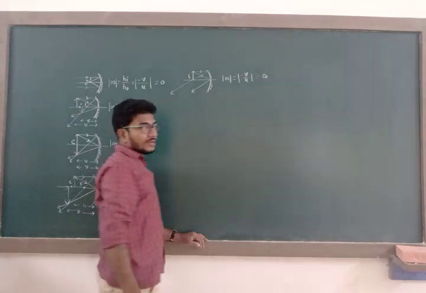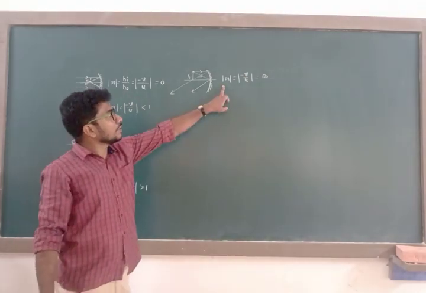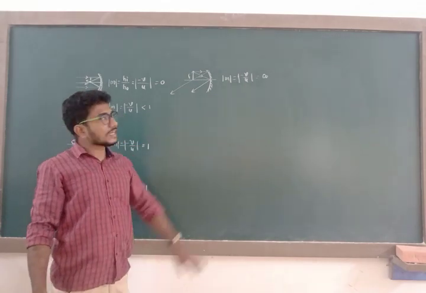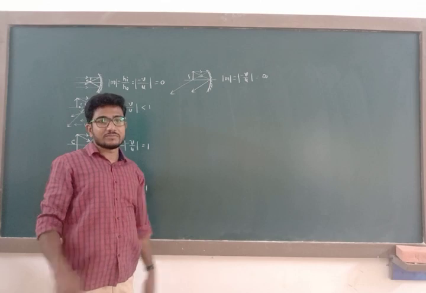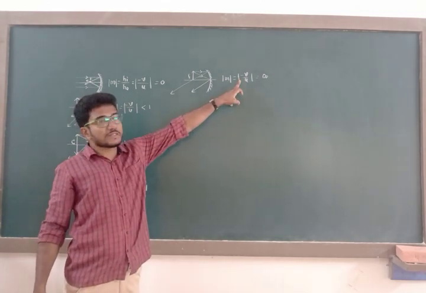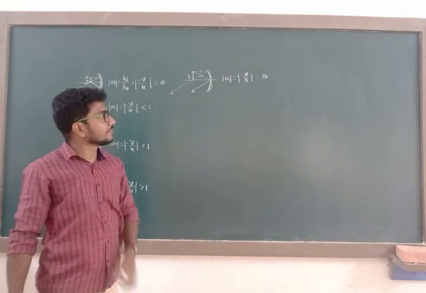So numerator value is very much greater than denominator value. When linear magnification is equal to infinity, that represents the size of the image is greatly magnified, and this negative sign represents the nature of that image is real and inverted.